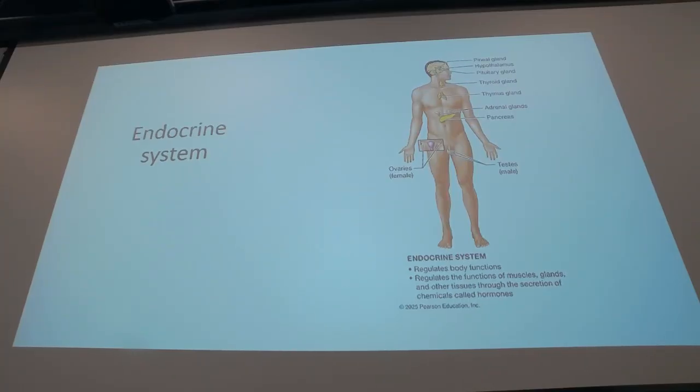Endocrine system regulates body functions like growth, reproduction, metabolism, digestion. So it regulates the function of muscles, glands, and other tissues with chemical messengers known as hormones.